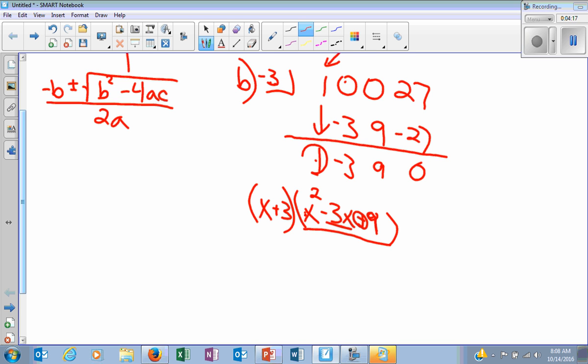Okay? So, opposite of b is 3 plus or minus the square root of -3 squared minus 4 times 1 times 9. By the way, I have seen this on the test, and it's not done correctly very often, which is all it is: plugging in and doing order of operations.